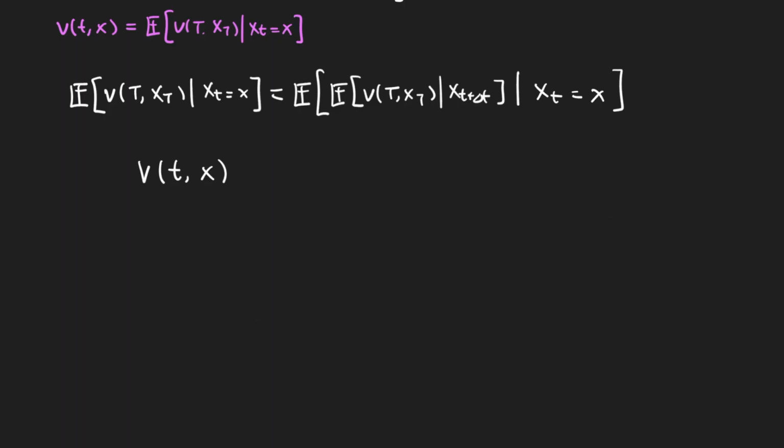That equals the expectation of v at t plus delta t, and then we'll have a random variable here, X capital T plus delta t, given X_t equals x.